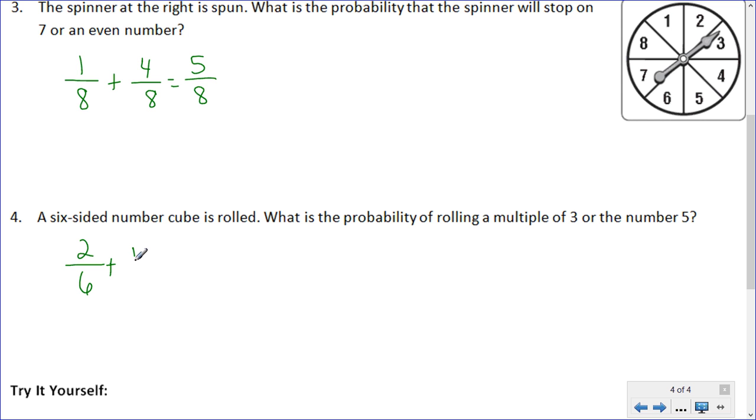Well, there's one side on a 6-sided number cube that has a 5 on it, and since that's 6 sides, it's 1 out of 6. And again, they have the same denominator, we add the numerators. 2 plus 1 is 3. So 3 out of 6, which reduces to 1/2.